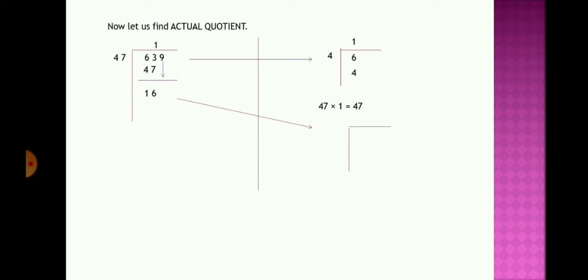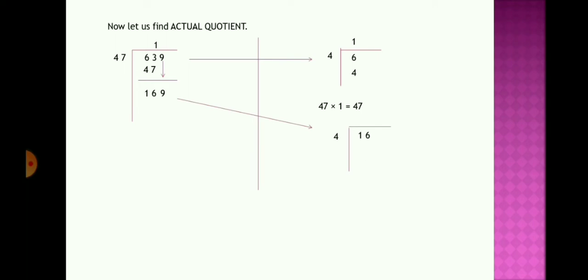Bring down the next digit 9 from the ones place of the dividend. Now again we have to use the same estimation method. So you cover or hide the ones place of the divisor. So our divisor is 4 and take the dividend as 16.